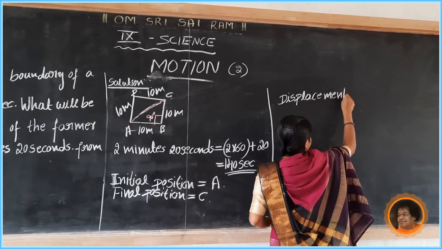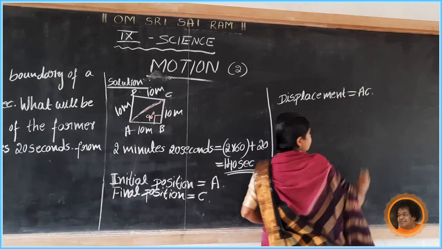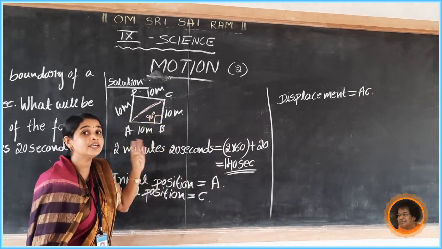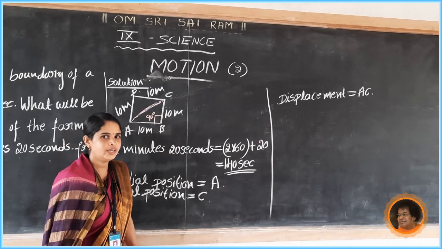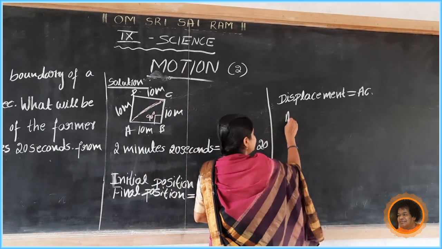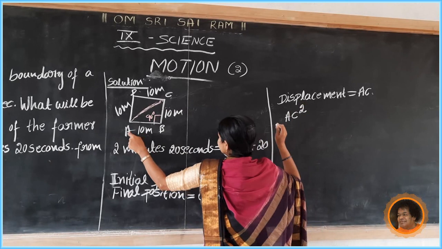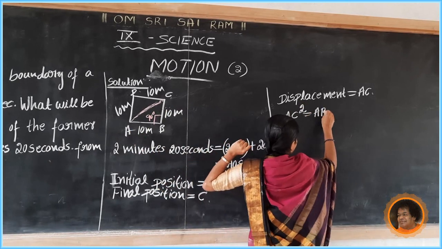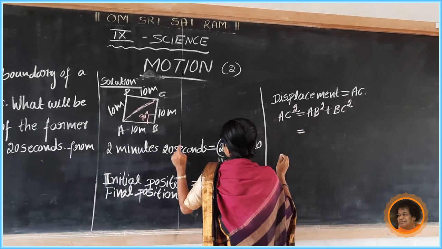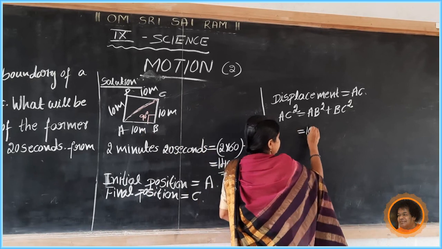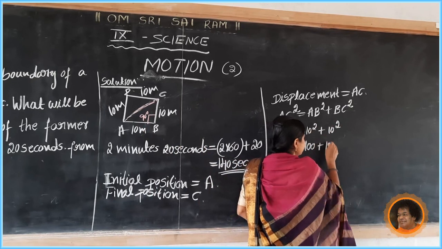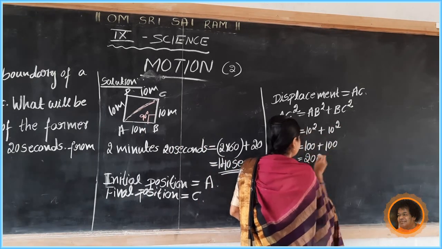Displacement equals AC. We already discussed ABC is a right angle triangle. In that, AC is the hypotenuse. So according to Pythagoras theorem, AC squared equals AB squared plus BC squared, AB value 10. 10 squared plus 10 squared equals 100 plus 100 equals 200.